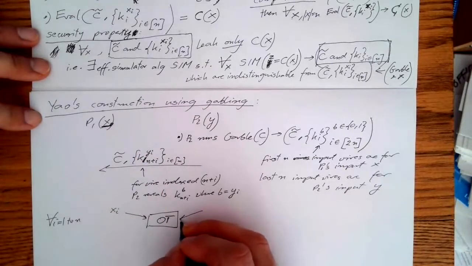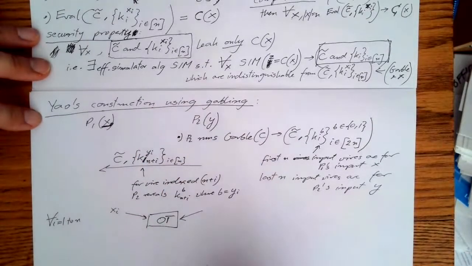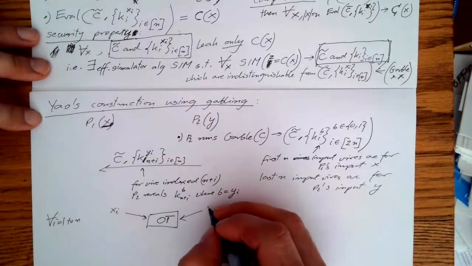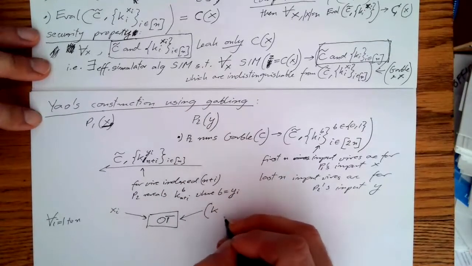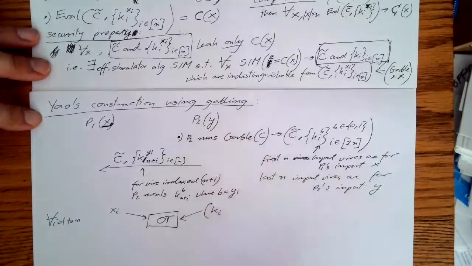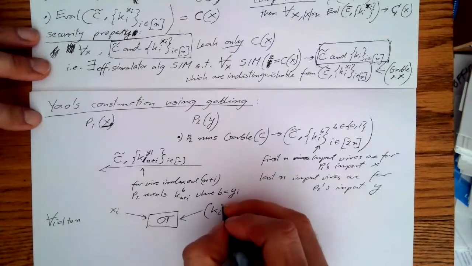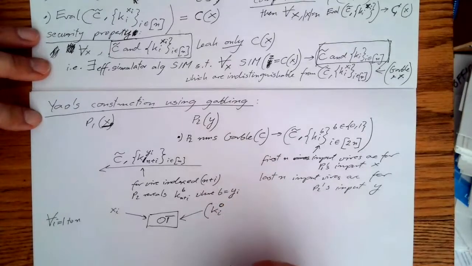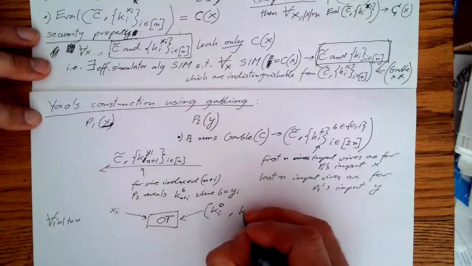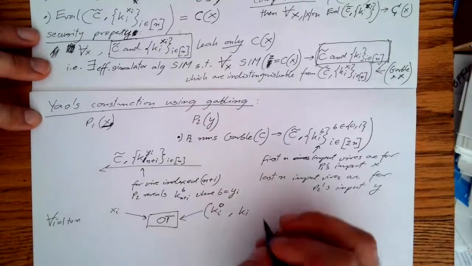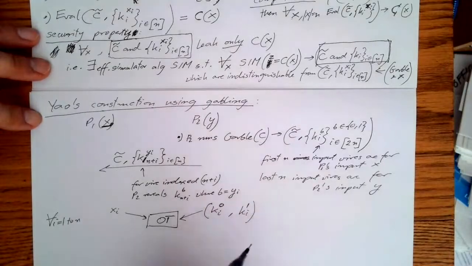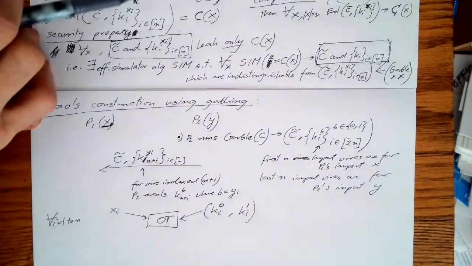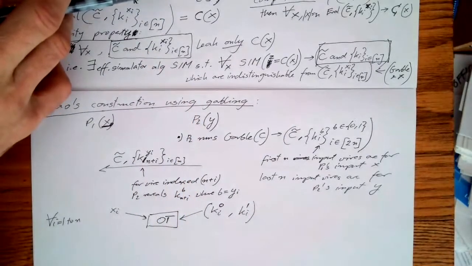What P2 contributes to it is two values: the key k_i corresponding to wire i for the bit 0, and the key k_i corresponding to wire i for the bit 1.